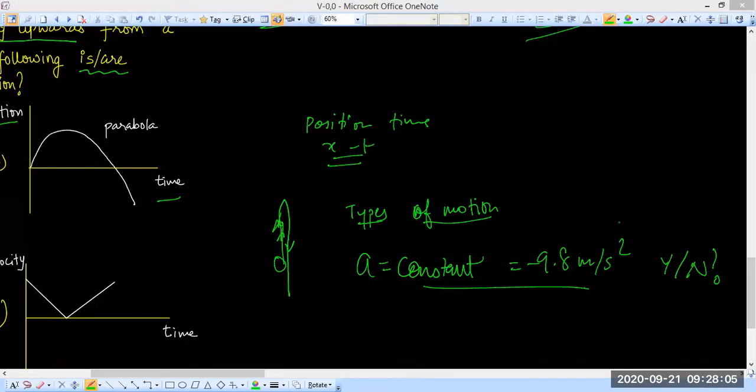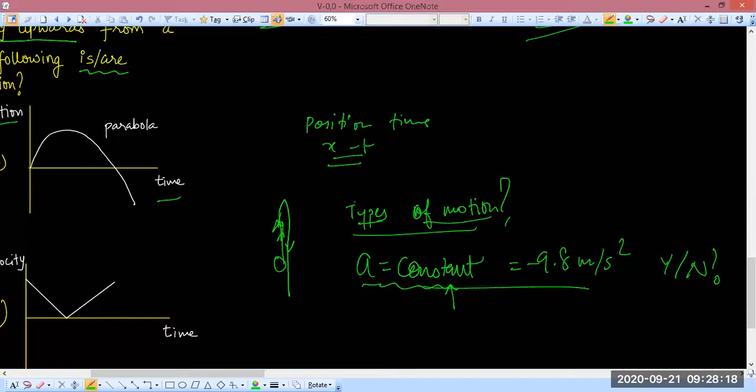So this is a constant acceleration. If acceleration is constant, which type of motion is it? Yes, very good, Ananya, that's right. Everyone else, yes, you are right. It is uniformly accelerated motion.